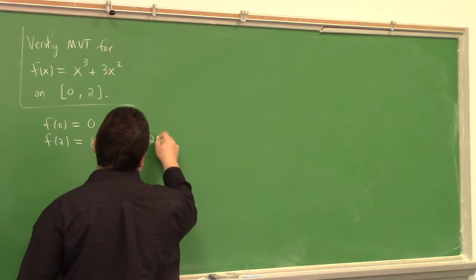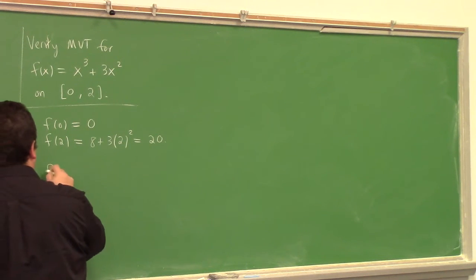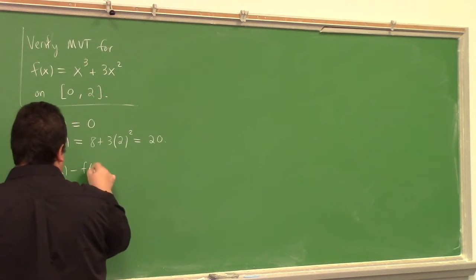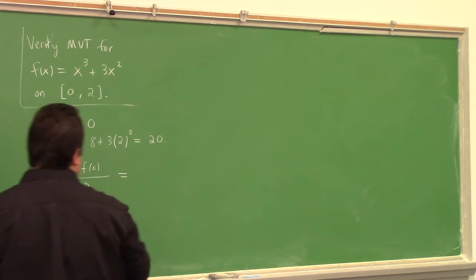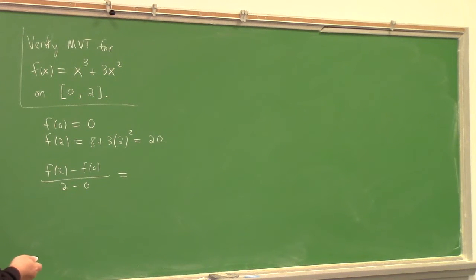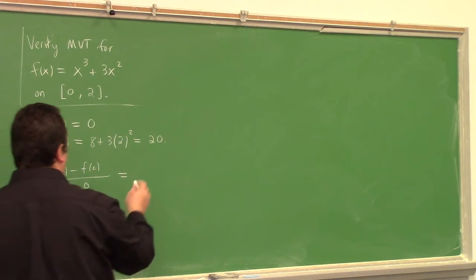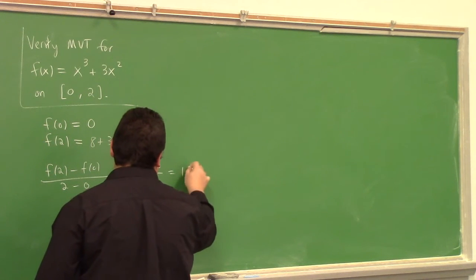You got 20? All right. So what's f of 2 minus f of 0 over 2 minus 0 equal to? Yeah, 20 minus 0 over 2, 10.